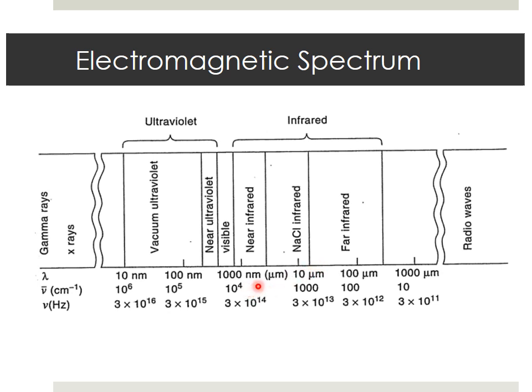In units of centimeter inverse, this will be from 4000 centimeter inverse to 667 centimeter inverse. So keep this in mind that infrared radiations are used for the determination of functional groups in organic compounds.